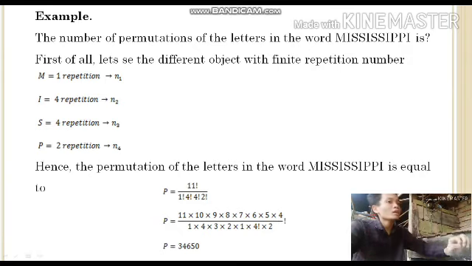Next, example, the number of permutations of the letters in the word Mississippi. First of all, let's see the different objects with finite repetition numbers. Letter M, 1 repetition, works as n1.